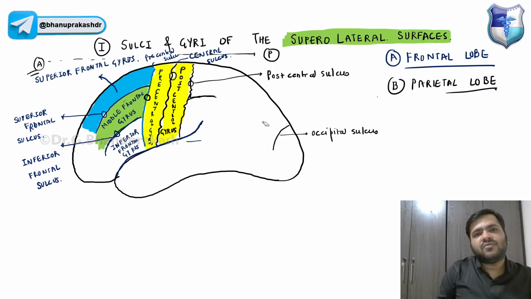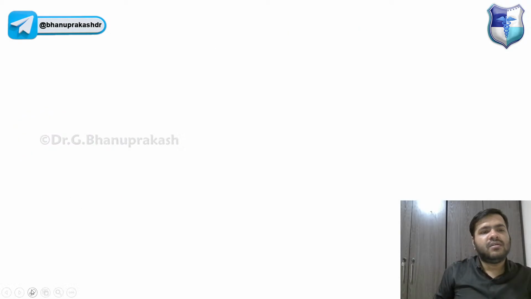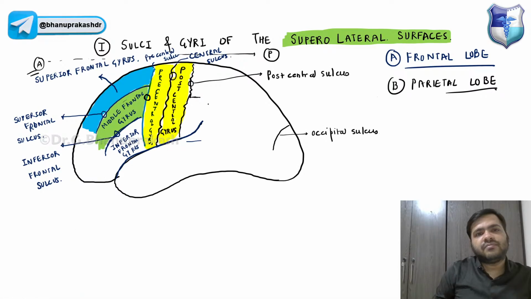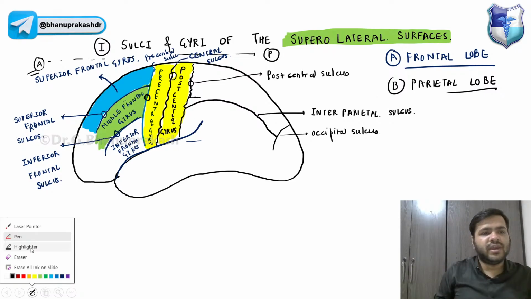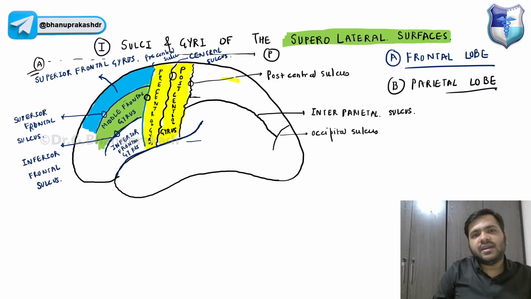So just try to draw like this. We have this interparietal sulcus, and remember that it is dividing it into two areas. Let me take another color over here.